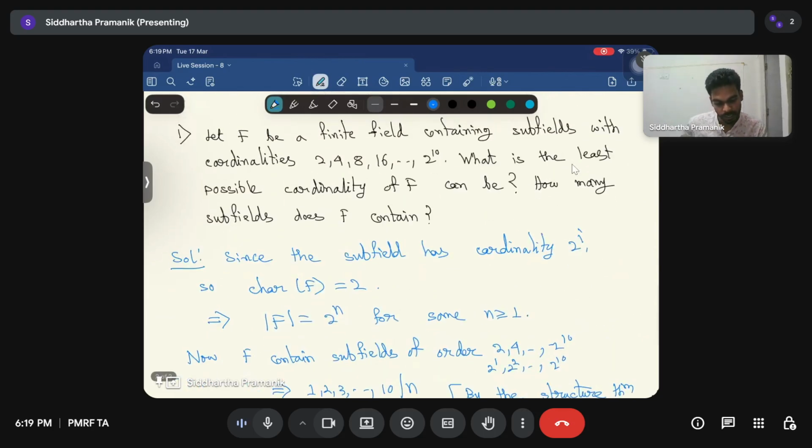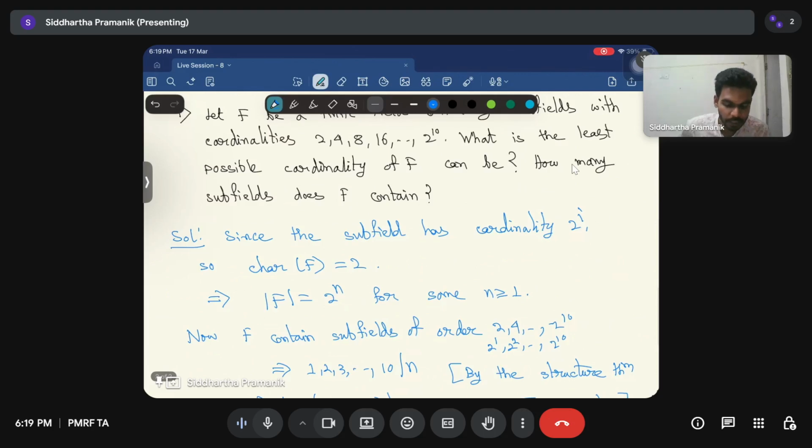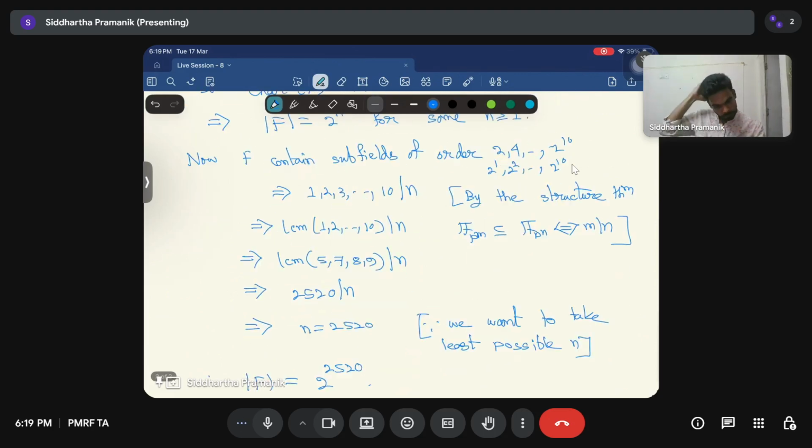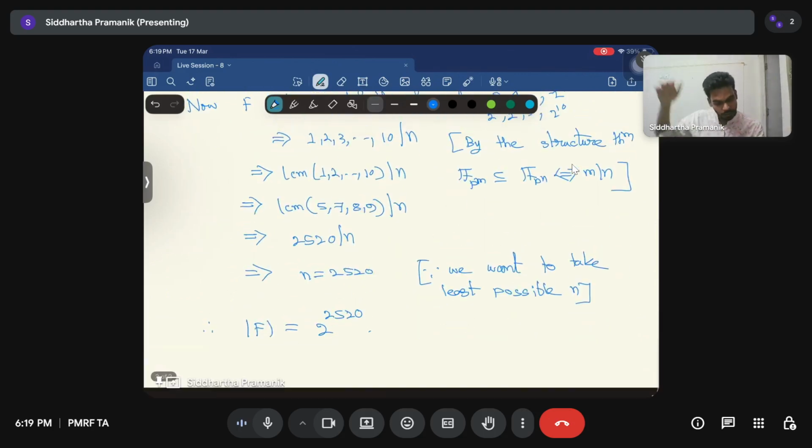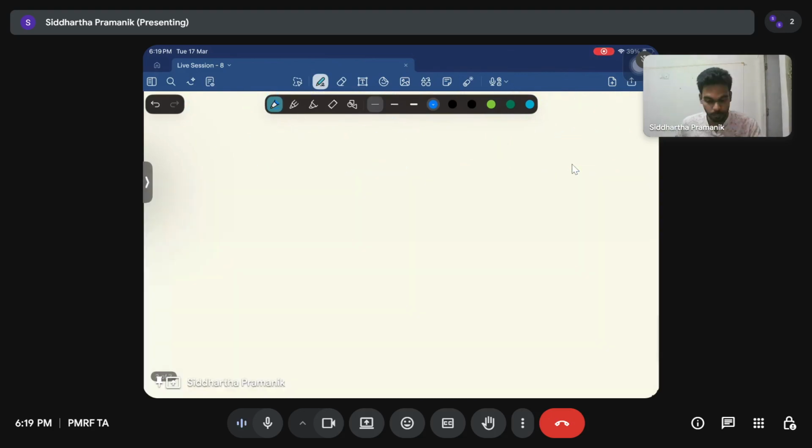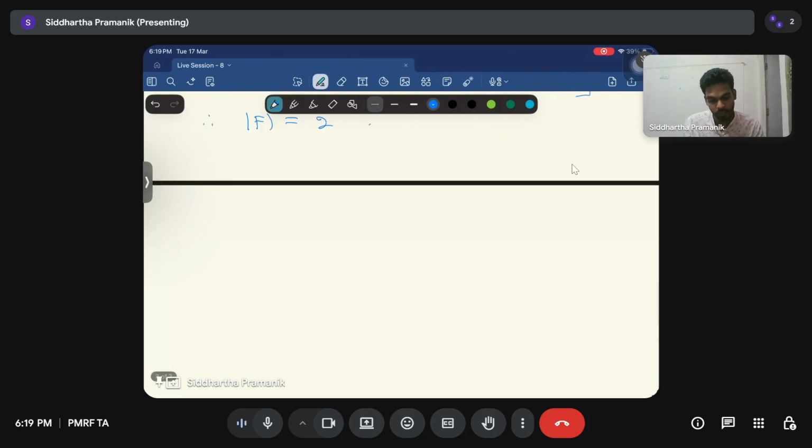Now what about the second part? How many subfields does F contain? So how to find the number of subfields of F? So again we have to use the structure theorem.